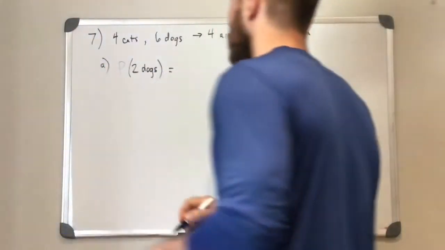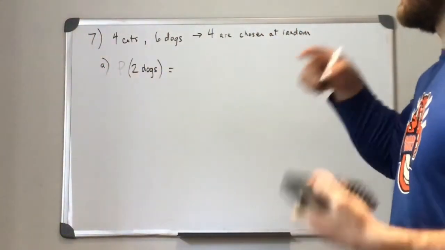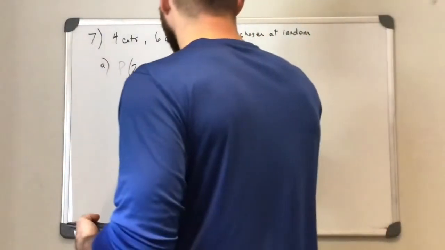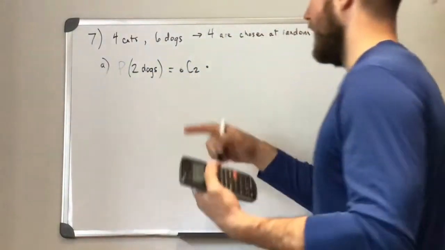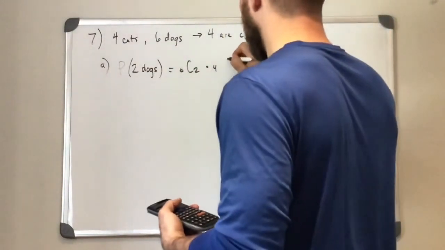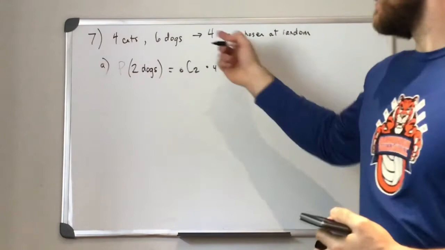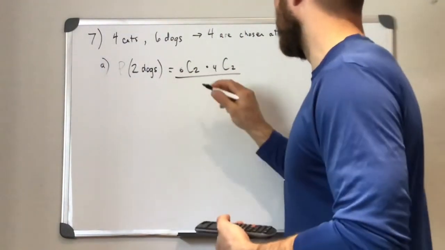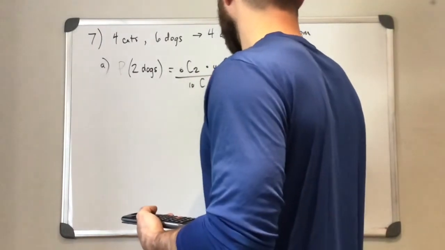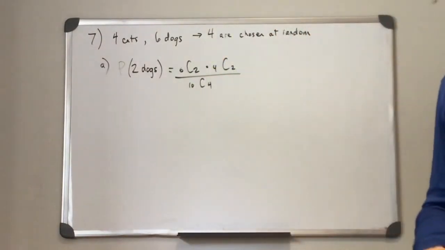Okay, so if we have 6 of them, and we're saying we have exactly 2, we have 6C2 times 4C2. Well, if 2 are dogs, that means that 2 are going to have to be cats. And this is a total of 10 animals, and we're choosing 4.